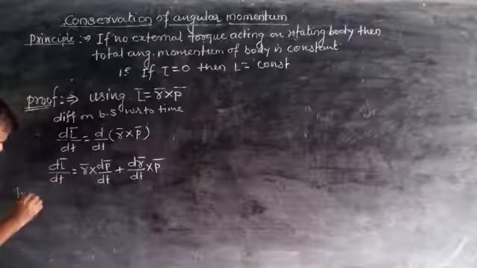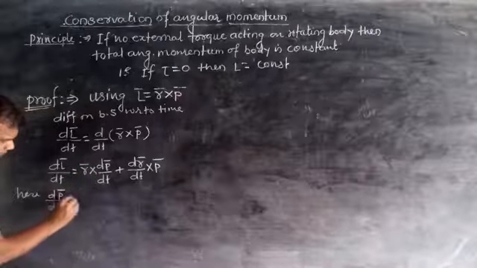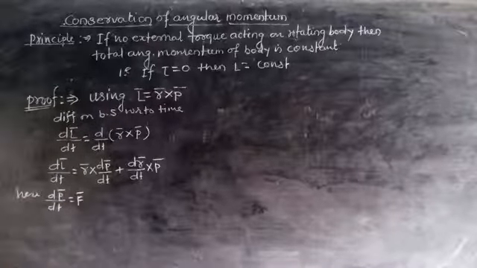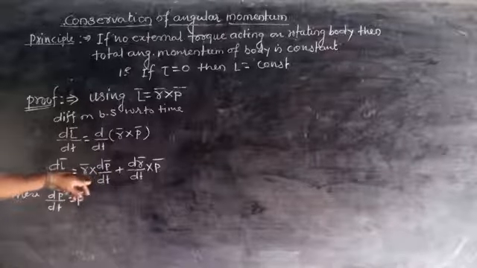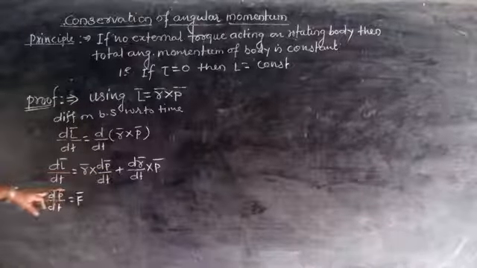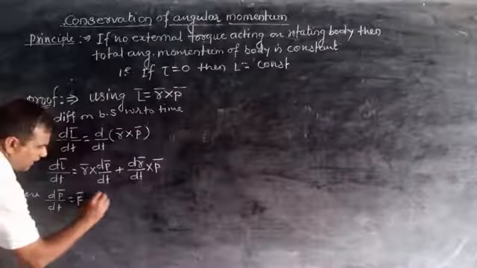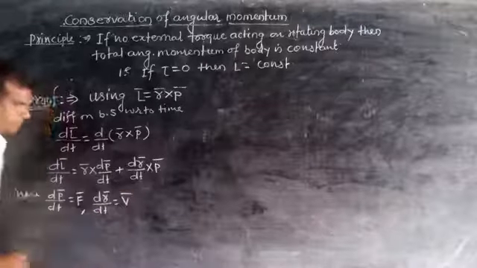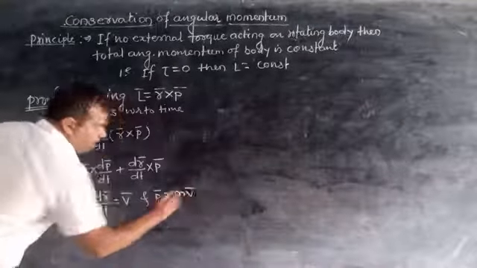Here this dp bar by dt is equal to force, according to Newton's law of motion. The rate of change of momentum is directly proportional to the impressed force, and therefore dp bar by dt is equal to F bar. dr bar by dt is equal to velocity, and p bar is equal to m v bar.